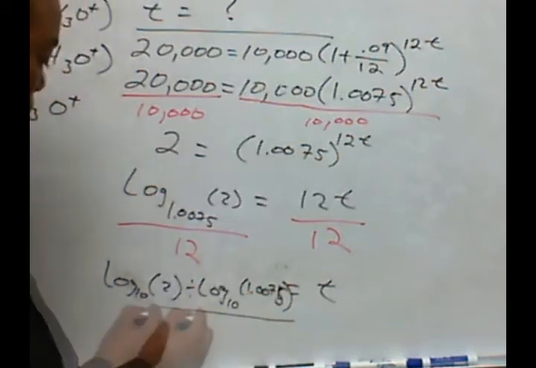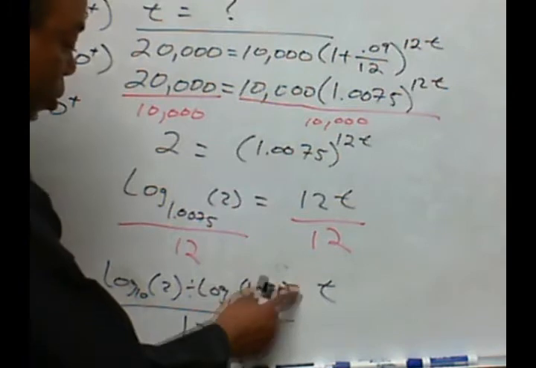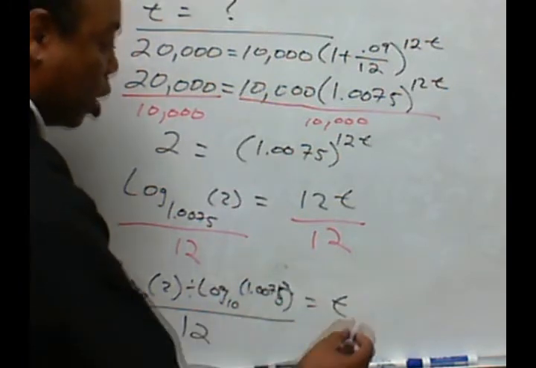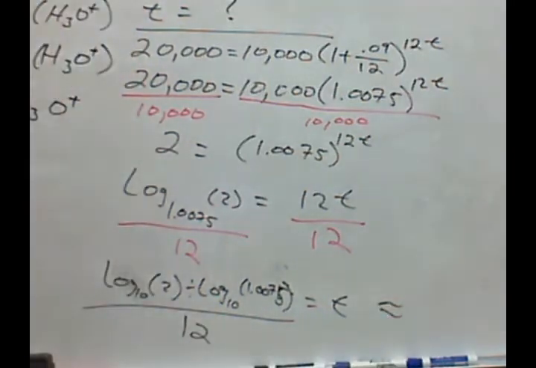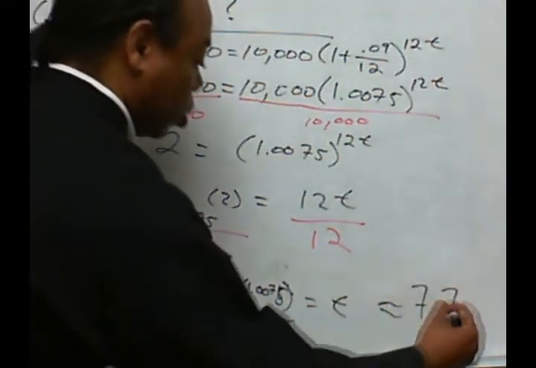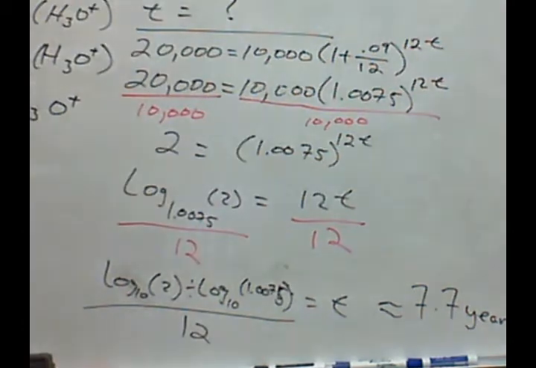This is called the change of base formula. And all that divided by 12. This will give me an approximate time of 7.7 years. Good.